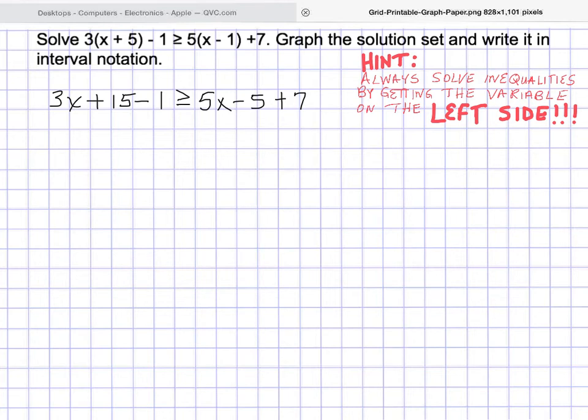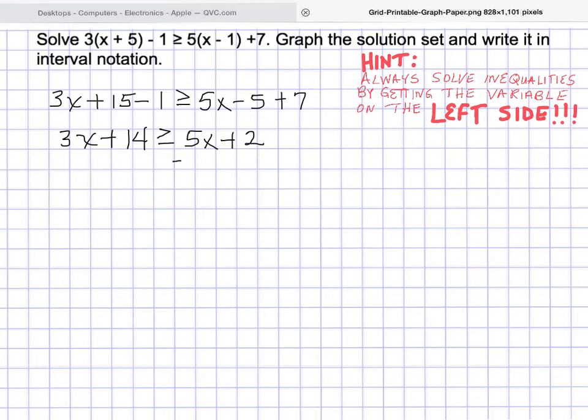Now I have to combine like terms on both sides. So we have 3x plus 15 minus 1 is 14. It's greater than or equal to 5x minus 5 plus 7 is 5x plus 2. Negative 5 plus 7 is 2. So I want to get all my x's on the left hand side.